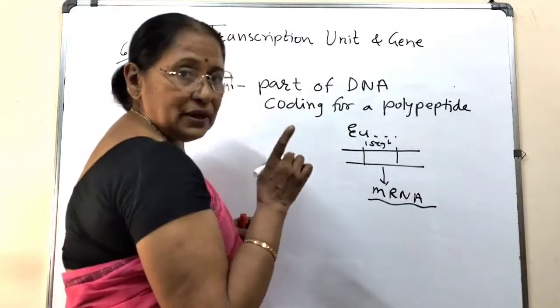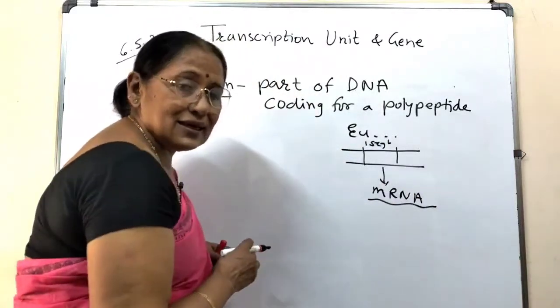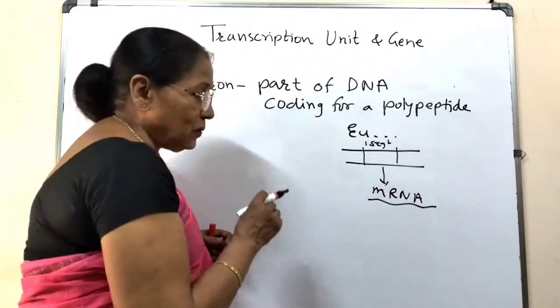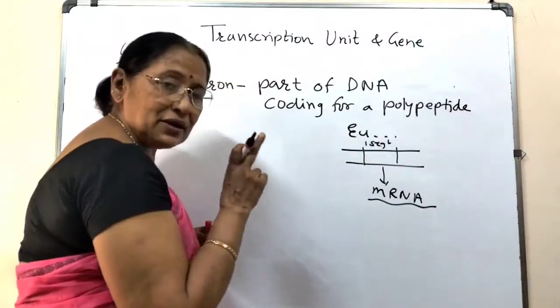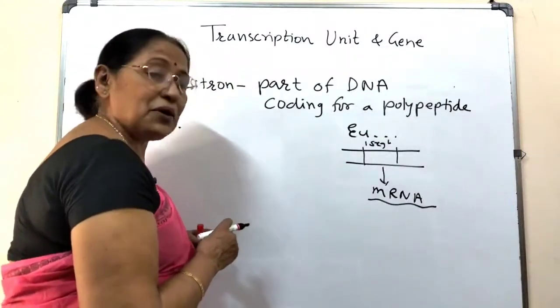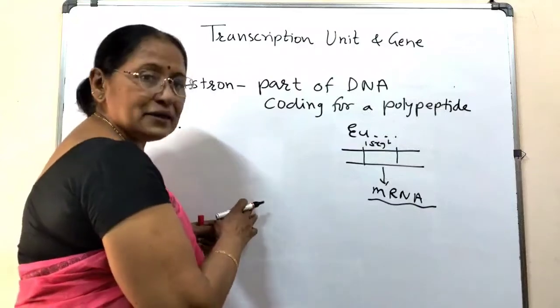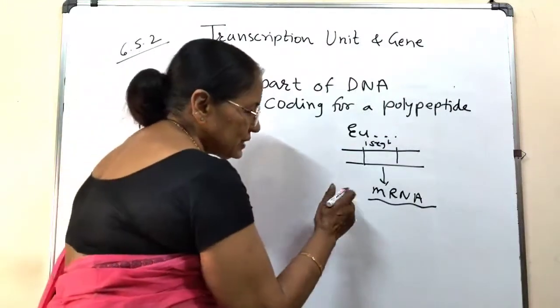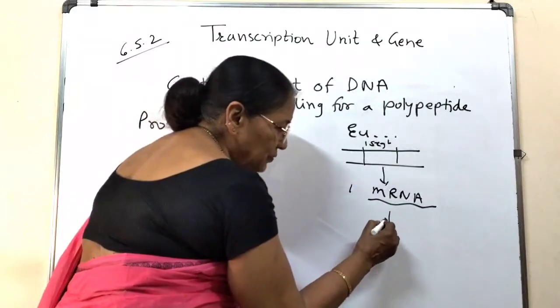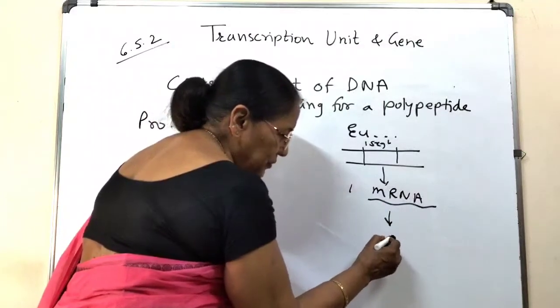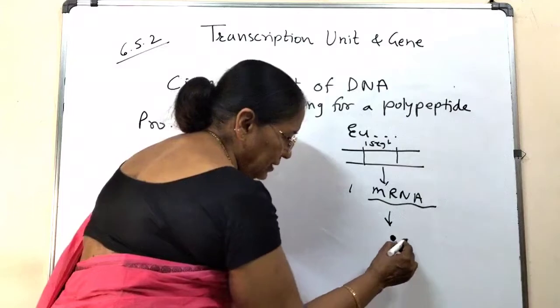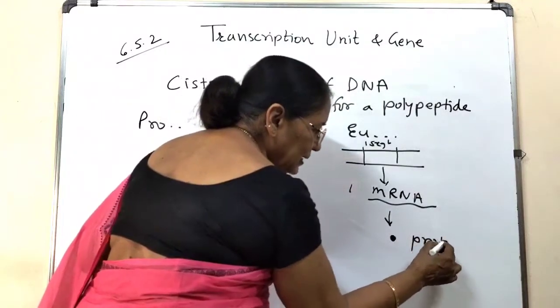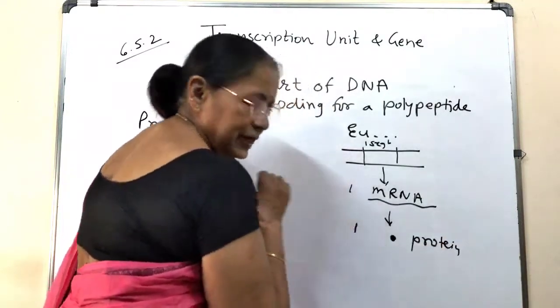There is one more complication which we will discuss just now, because before mRNA there is a precursor of mRNA. But here some other point is going on. So this one mRNA is going to form one protein, that too a single protein.